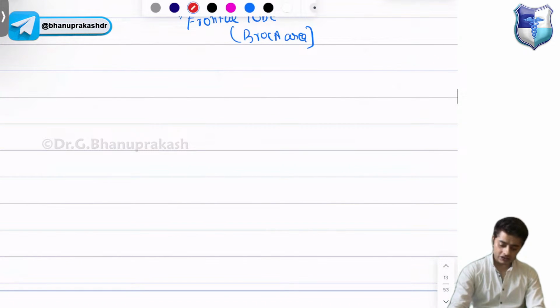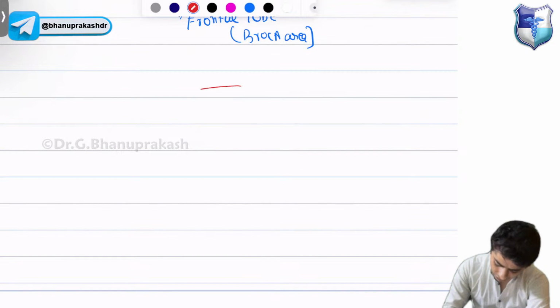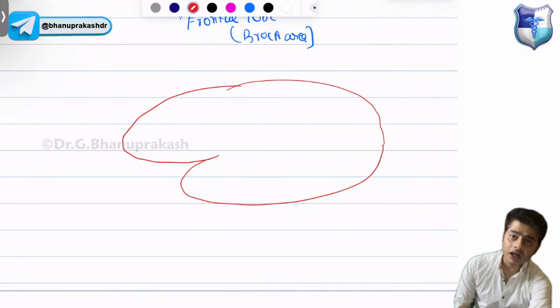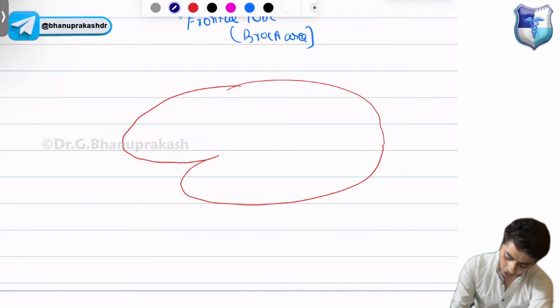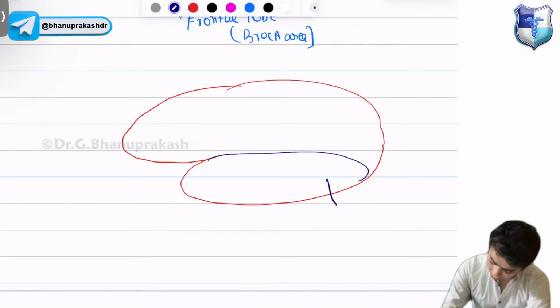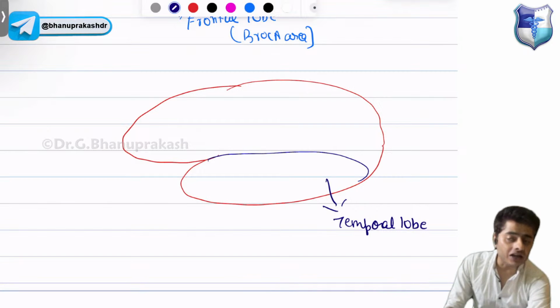Now I am drawing the diagram. Now you all will tell me, this is your temporal lobe. Tell me the cognitive functions which are controlled by your temporal lobe in the comment section.